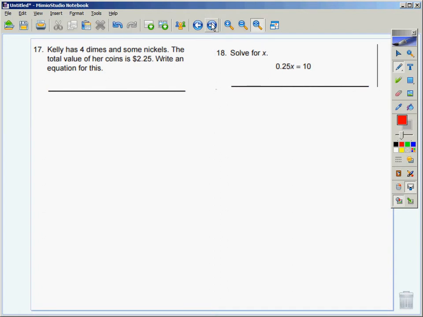Kelly has 4 dimes. 4 times the price of a dime. Some nickels, x times 0.05. And they value $2.25. Write an equation for this. Well, I've written the equation. I'm going to go ahead and solve it as well. I'm going to subtract the 40 cents from both sides.